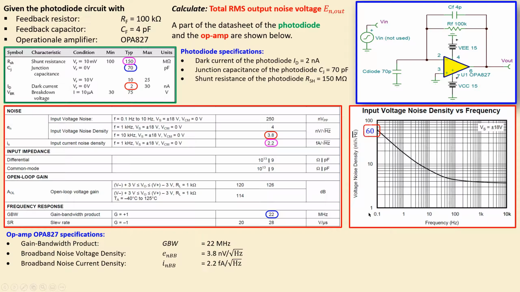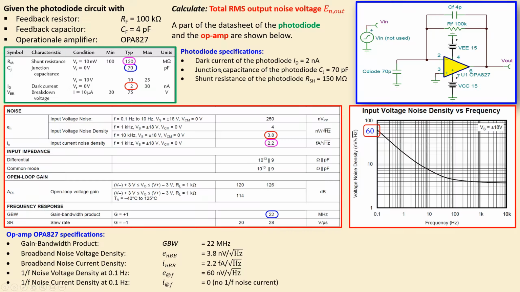So that is the 1/f noise voltage density for our operational amplifier, which is 60 nanovolts per root hertz. Now the 1/f noise current density, there is no 1/f noise current density for this op-amp, which is just 0. So these are the important parameters for our op-amp and also for our photodiode to be able to do that noise analysis.